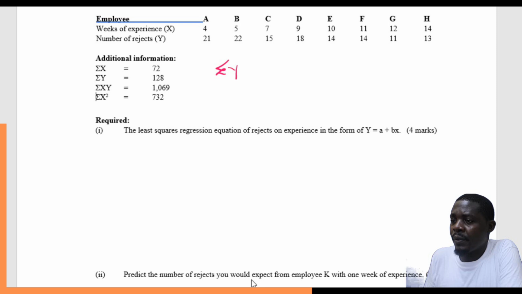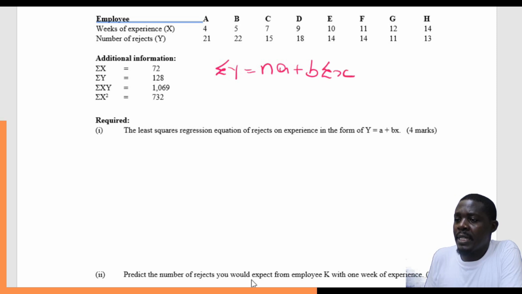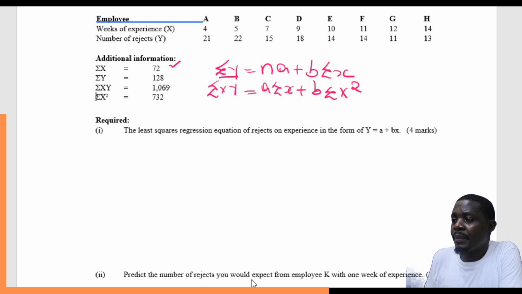Summation of Y is equal to na plus b summation of X. Then summation of XY is equal to a summation of X plus b summation of X squared. The summations have all been given.